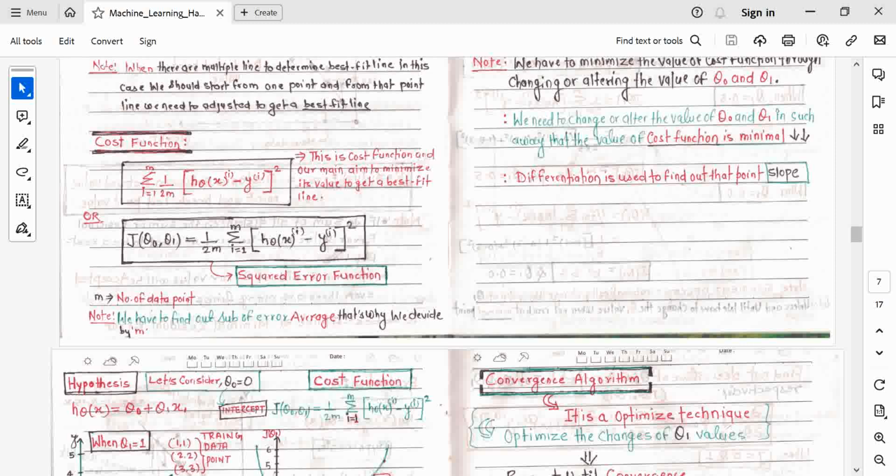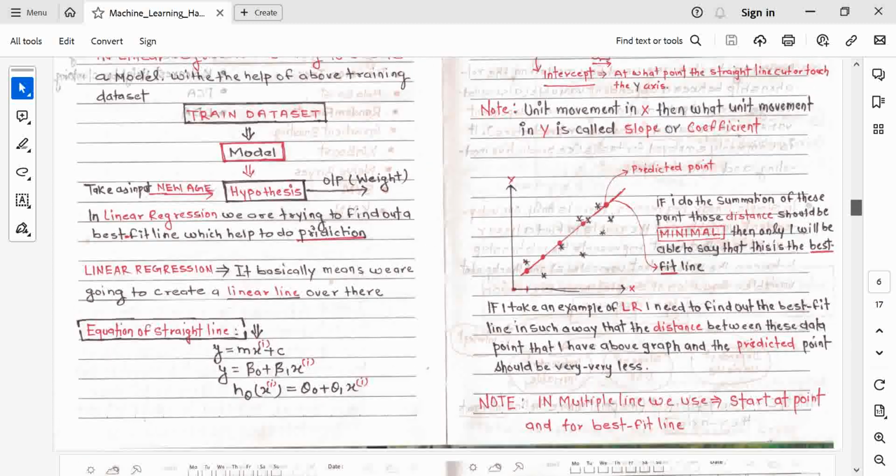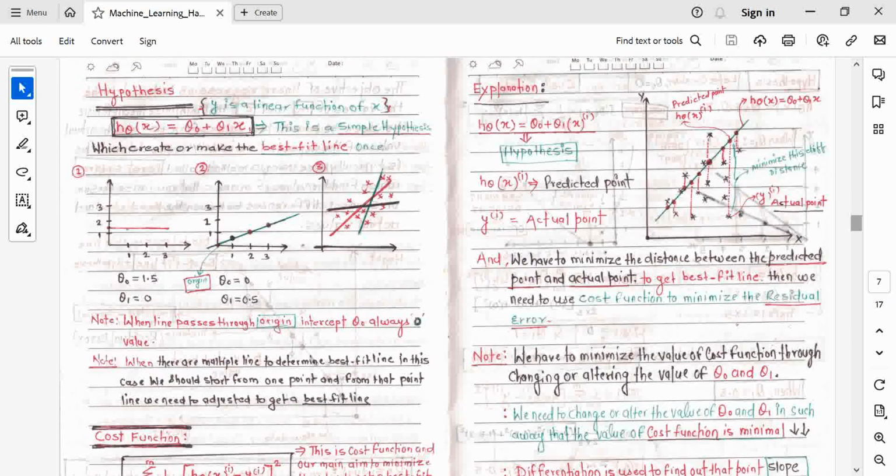We have to find the average of the sum of errors, that's why we divide it. About this explanation, h theta of x equal to theta 0 plus theta 1 x i. This is the hypothesis that we are going to use to make the predictions, where h theta of x i equals the predicted points.